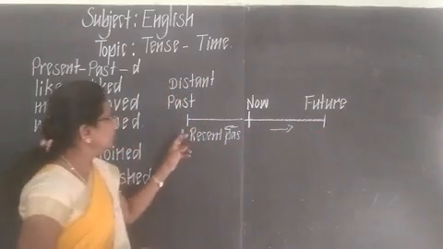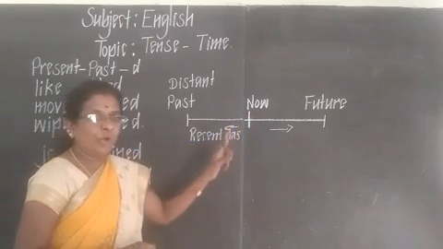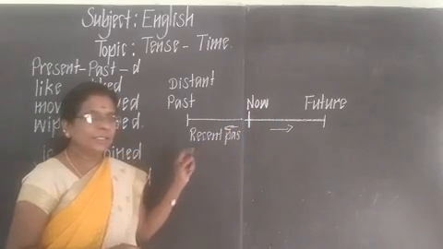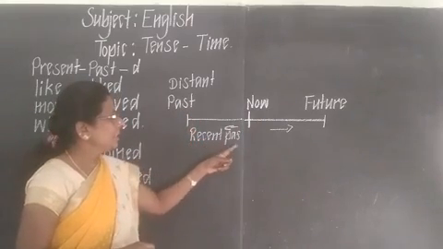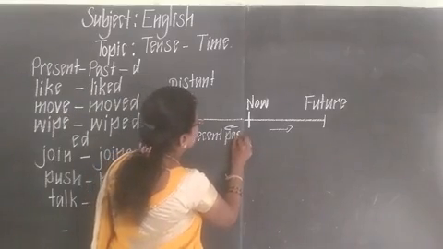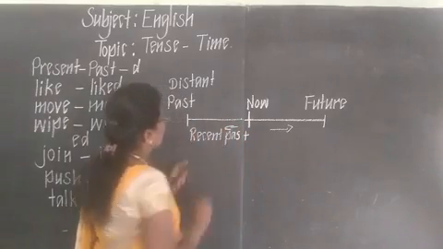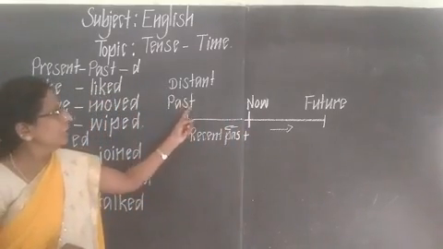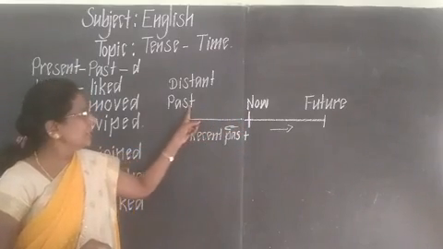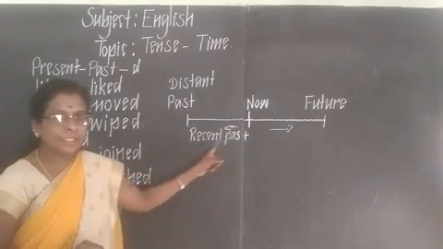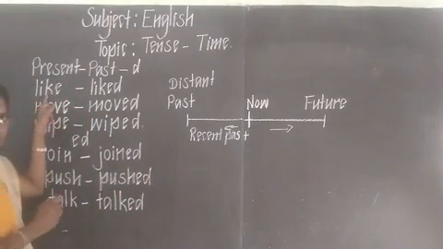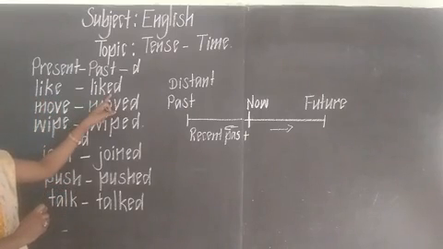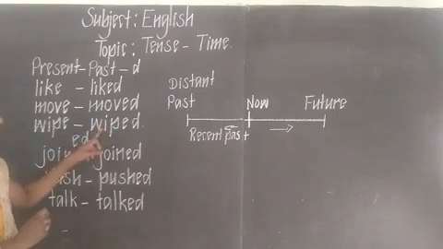See here, the time of the action can be recent past or distant past. Here, now, this action is going on now. This is distant past or recent past, like moved, wiped.